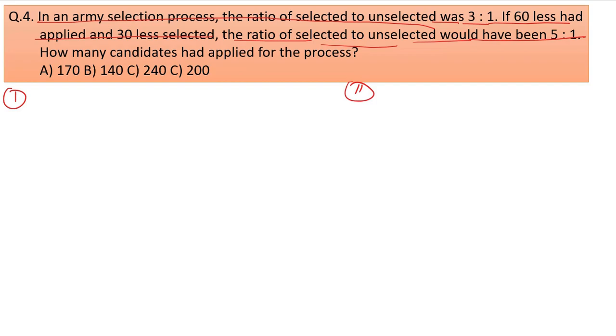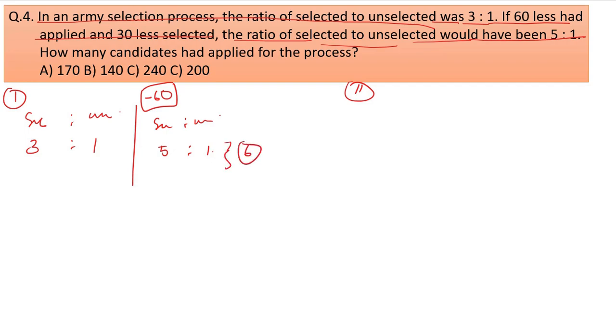In the first method, successful students to unsuccessful students is 3:1, and if 60 less had applied, successful to unsuccessful is 5:1. The total is 4 here, and the total is 6 here.